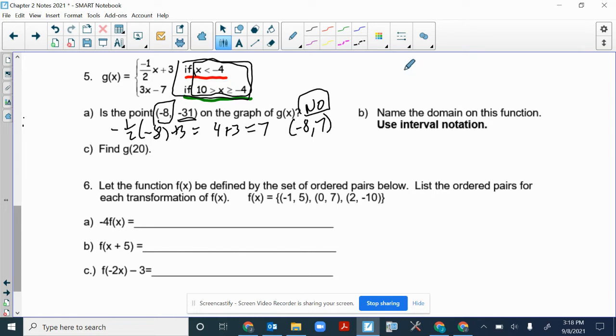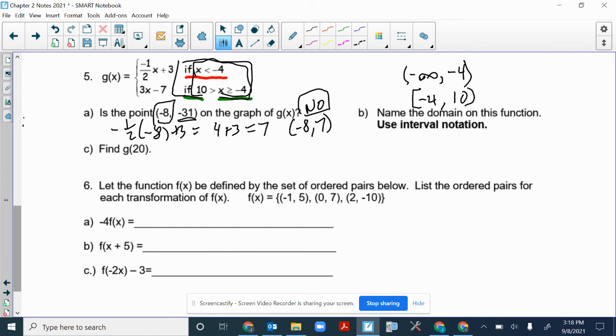So the first one, if we wrote it as interval notation, would be -infinity to -4, not included. But then the second one would be from -4 inclusive, so square bracket, and then to 10 and not including 10. So that's the two intervals that we actually graph the two functions on.